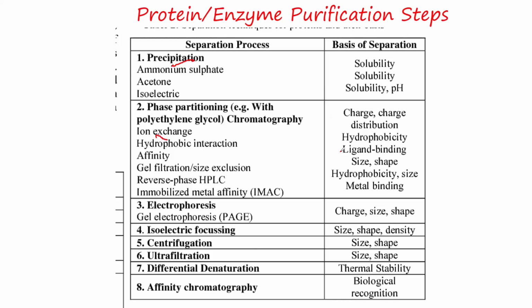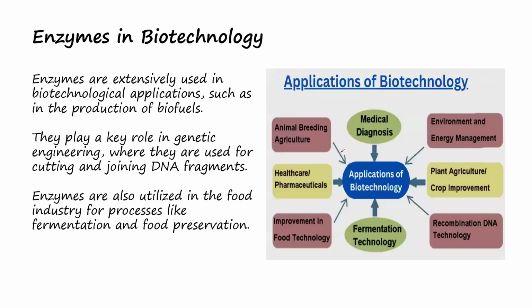And then we have ultrafiltration, which also separates proteins based on size, shape. We have differential denaturation, which is based on thermal stability. So we also have affinity chromatography, which is based on biological recognition, that is binding. So ladies and gentlemen, this is just a brief description of protein purification steps.